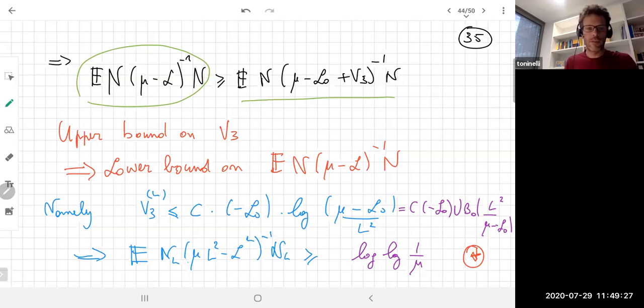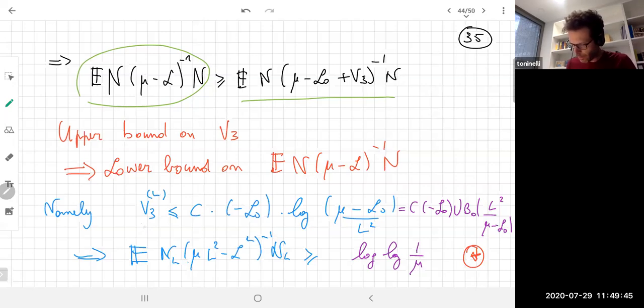And so how one gets the first non-trivial lower bound, which already tells you that the system is super diffusive, very weakly, just a log-log, is as follows. You want an upper bound on V3.